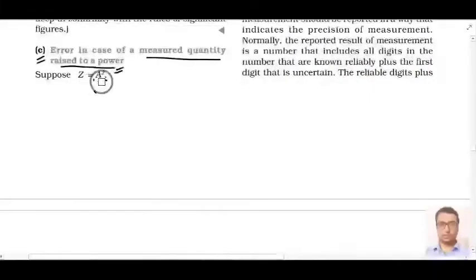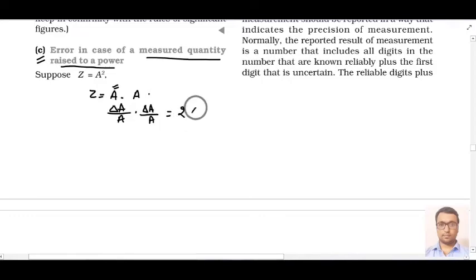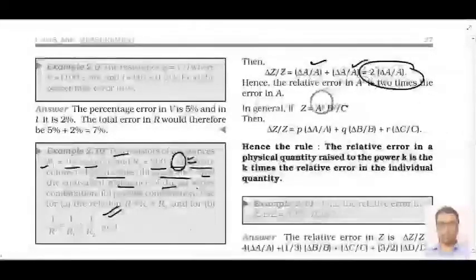So basically you can see that this A square can be written as A multiplied by A, and we know that the error in measurement of A is given by delta A by A. So you can write it as 2 times delta A by A.